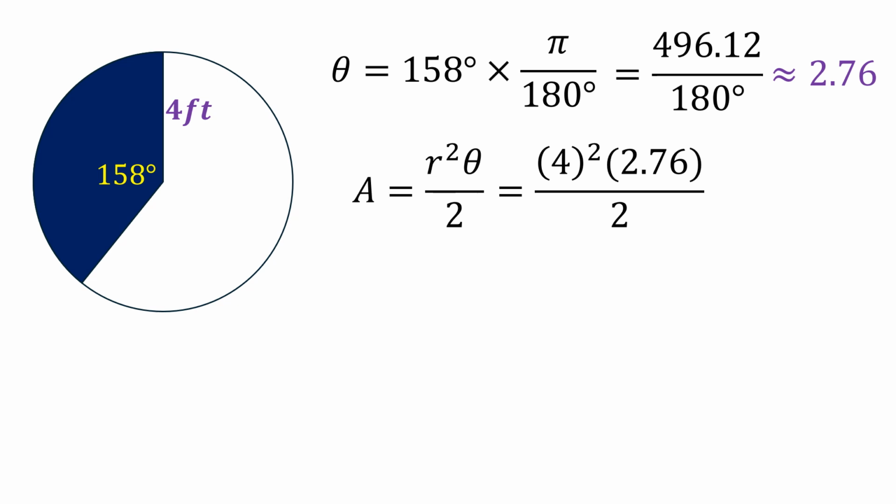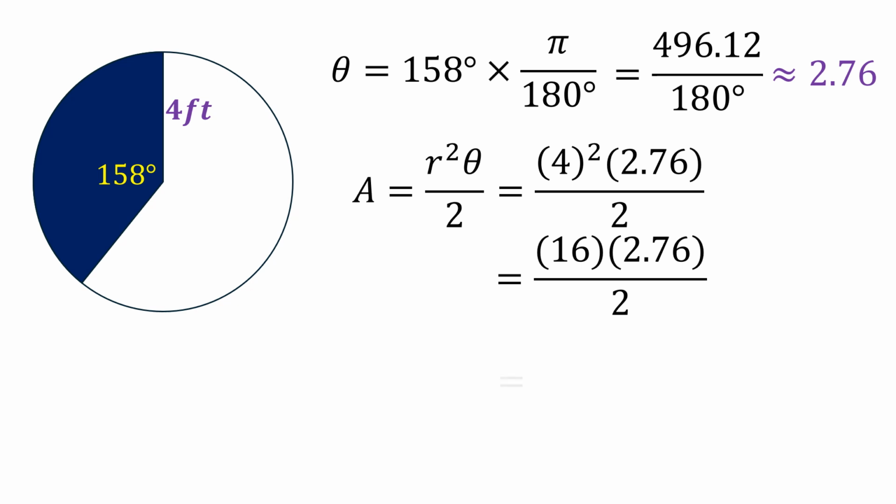Let's continue calculating. What's 4 squared, or 4 times 4? If you don't know what square means, it means how many times we multiply the number by itself. If it's 4 to the power of 2, then it's 4 times 4, which is 16. We'll just copy everything else, 2.76 all over 2.